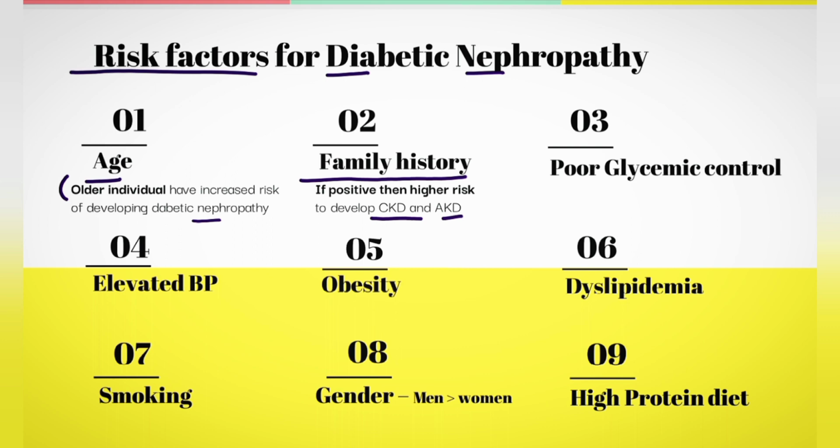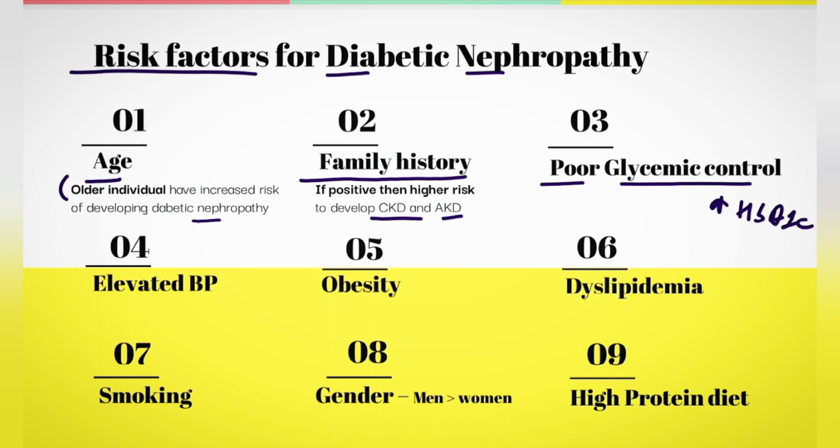If any person has poor glycemic control, meaning there is increased HbA1c level, meaning that the glucose level in the blood is not controlled properly, then in such a person there are higher chances of developing diabetic nephropathy.